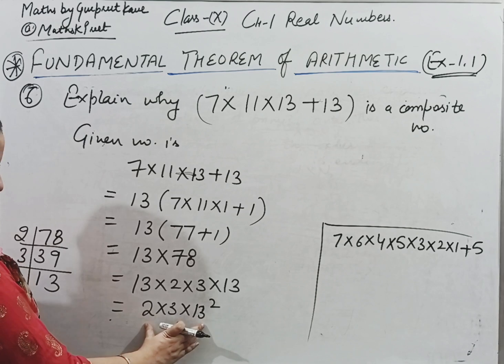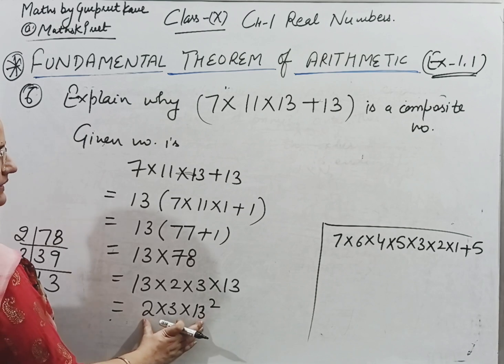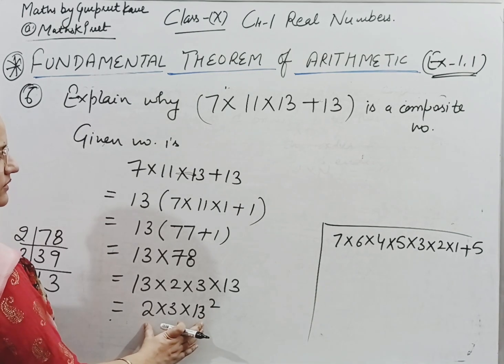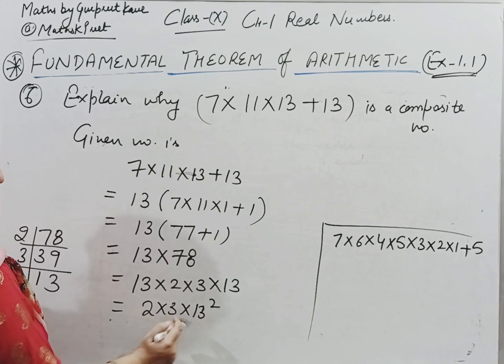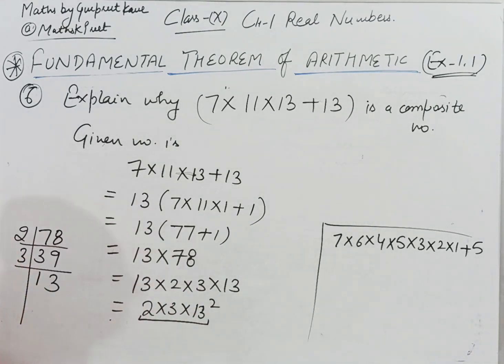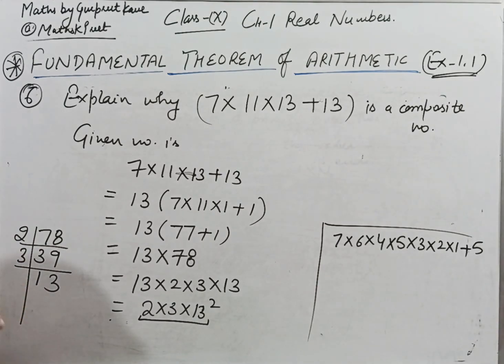This is prime factorization. So clearly this number has more than 2 factors, other than the number itself and 1. So these are the factors of the given number. So therefore by definition this number is a composite number.